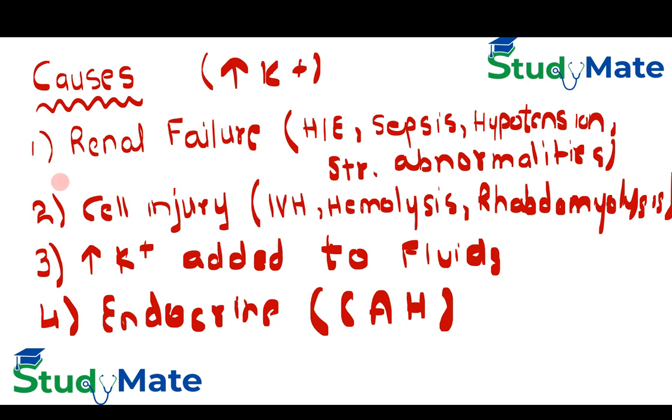Other than that, there are also many other causes that include abnormalities of the pH, the usage of drugs, and the consumption of exogenous potassium. But these are the 4 things that you need to keep in mind just for the sake of management.